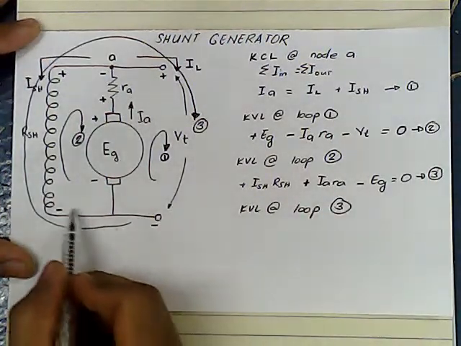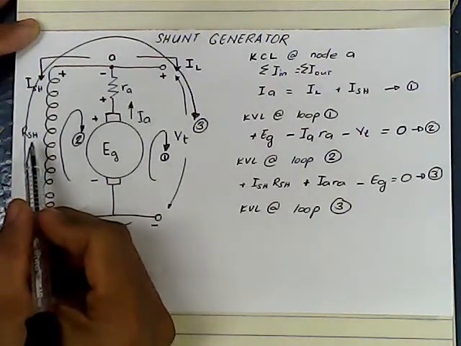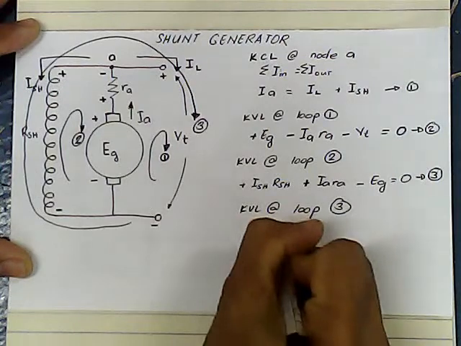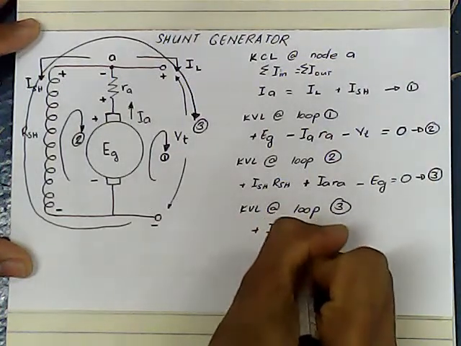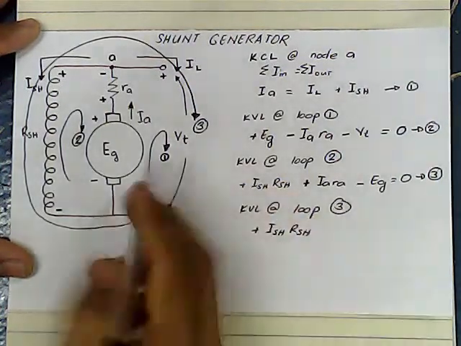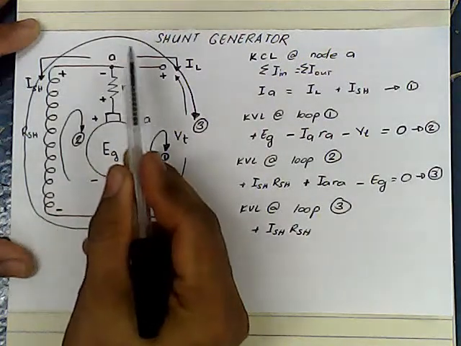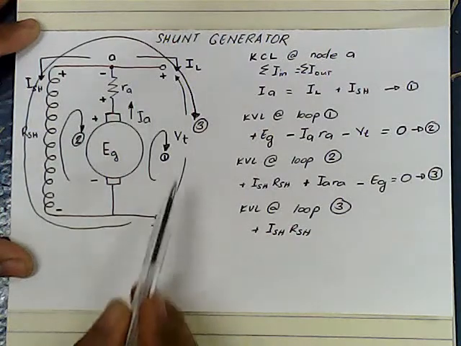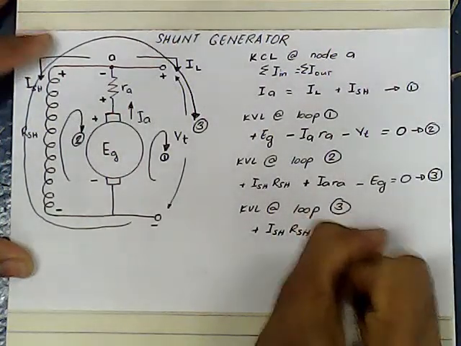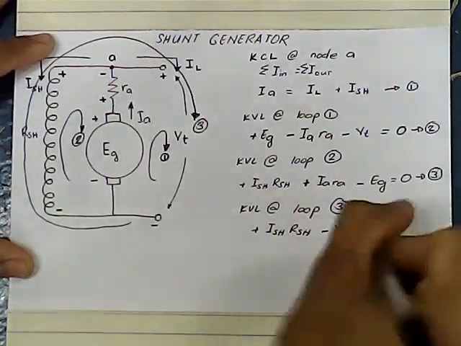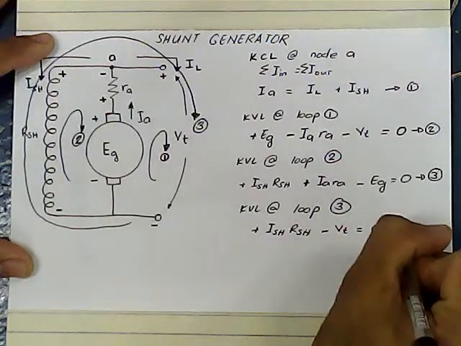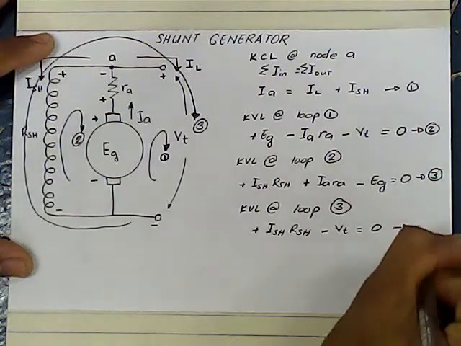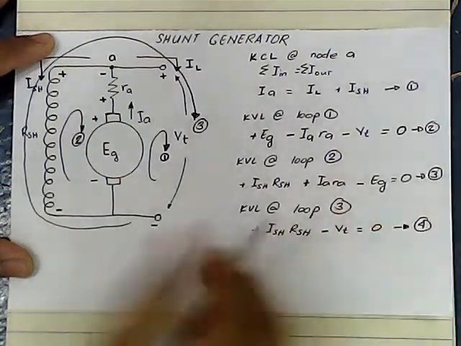Ang unang dadaanan niya is the field resistance, so that is positive. So positive ISH, multiply that by RSH. Next, dadaan na siya dito sa terminal voltage, that is negative VT. So minus VT is equal to 0. So ngayon, this is equation number 4.